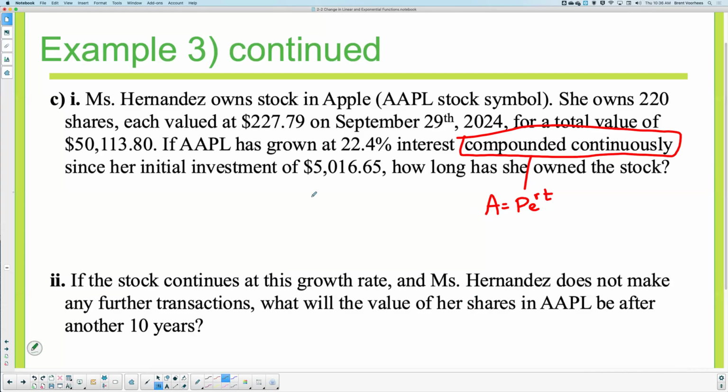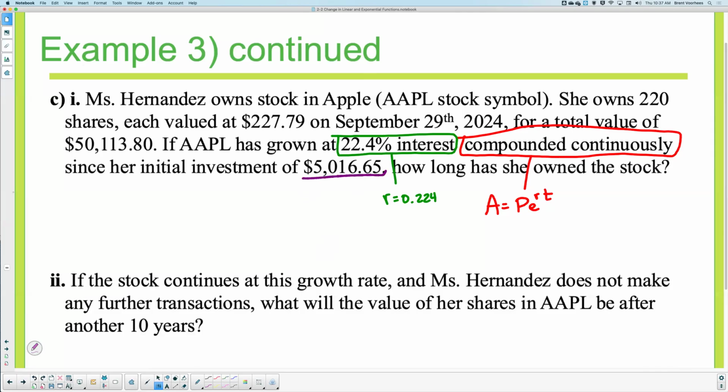I threw in some extra information. Tell me what you think is really important to this problem. The rate, I hear rate. That's important. So 22.4% is the same thing as 0.224. You move the decimal over twice. Okay, what else is important?